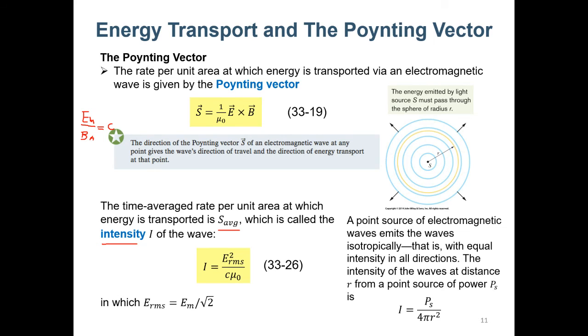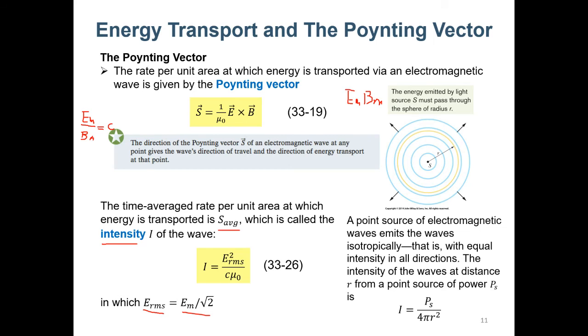And actually, E root mean square should be EM over square root of 2. So we have EM and BM there.